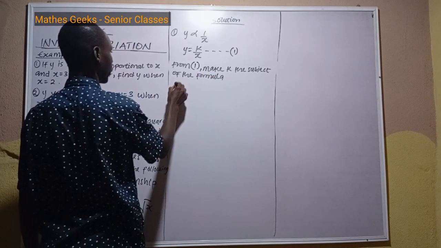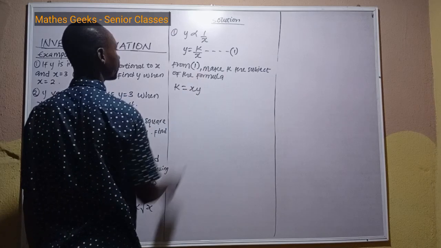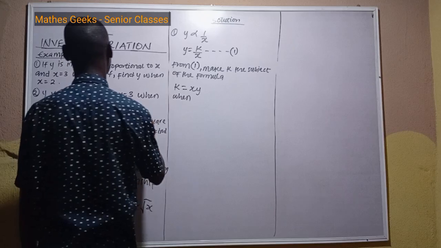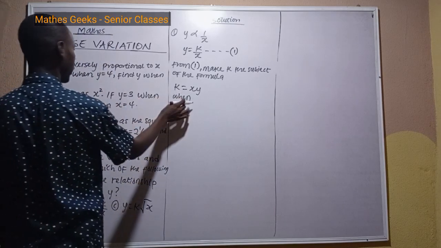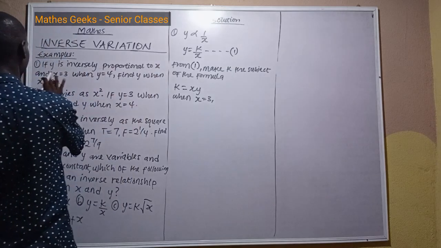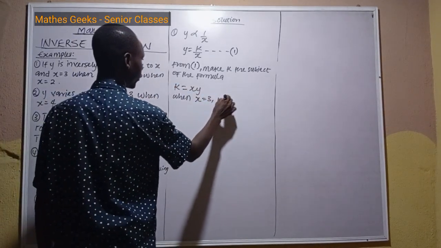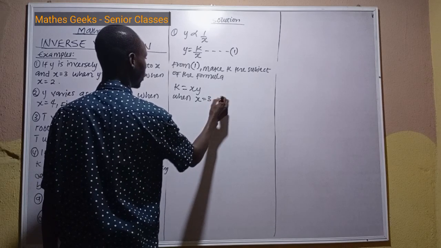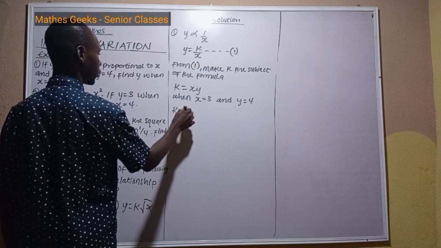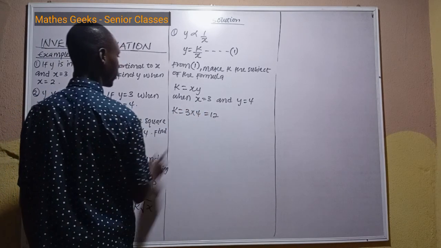So K equals X times Y. Then we bring the values given for each of the letters. When X is 3 and Y is 4, K is equal to 3 times 4, which is equal to 12.